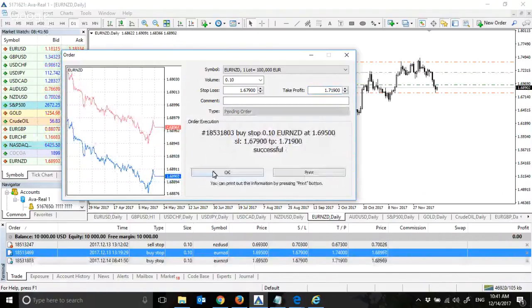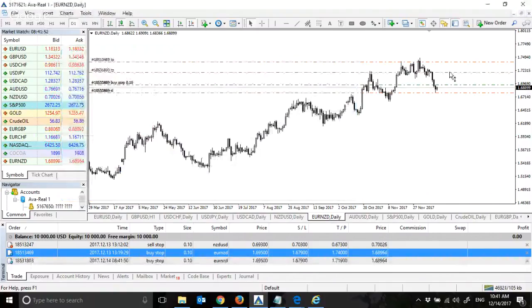All right, now you can see that the second order can hit within the next 3 or 4 days, while the last target will take a little bit more, and it can also retrace before it hits the second target.